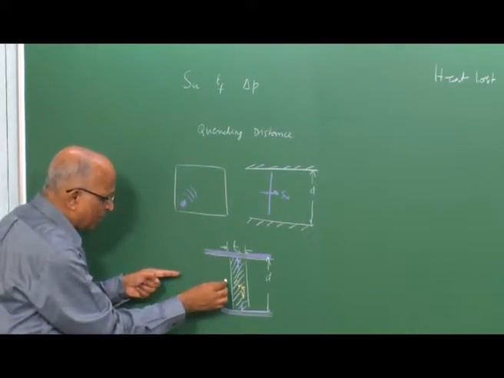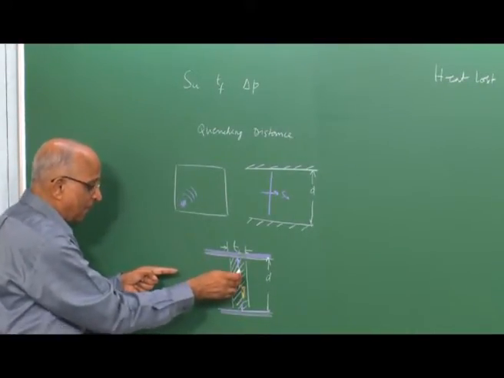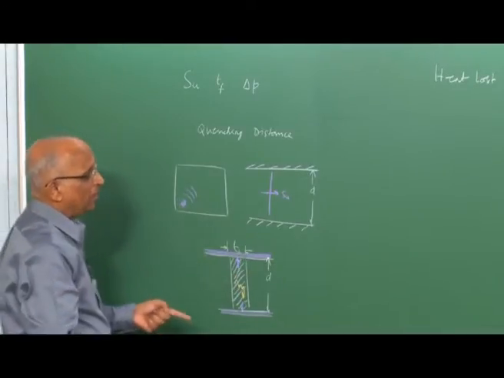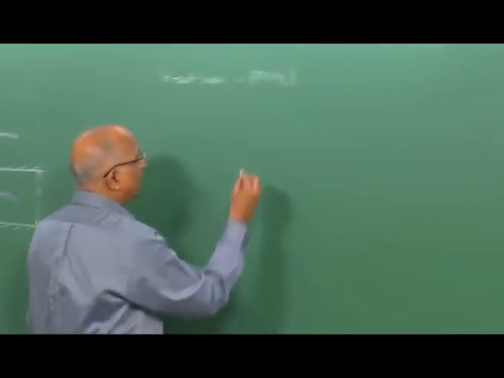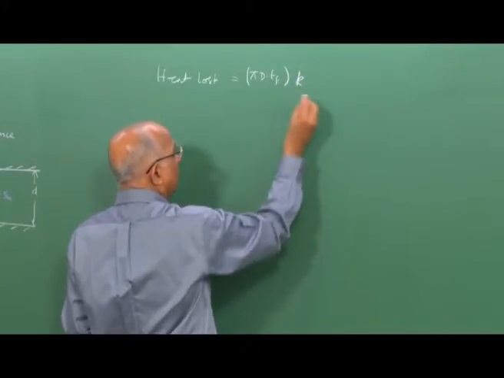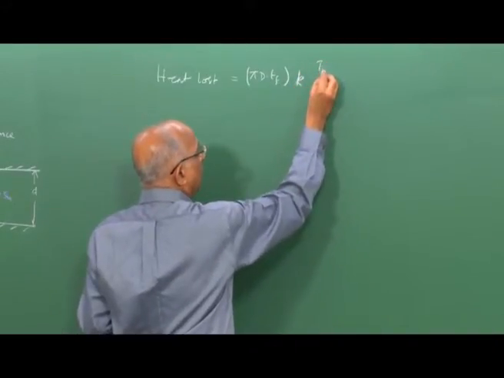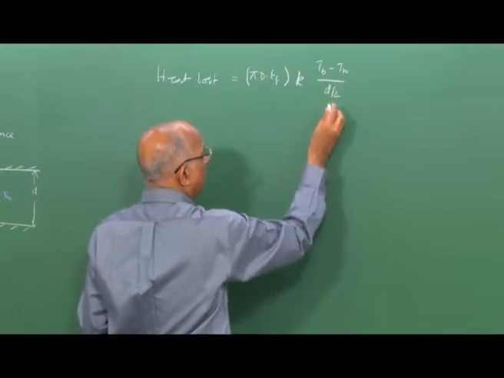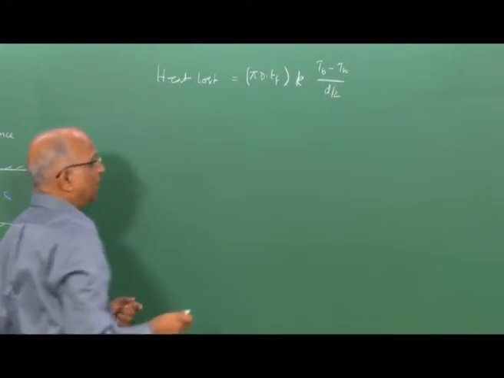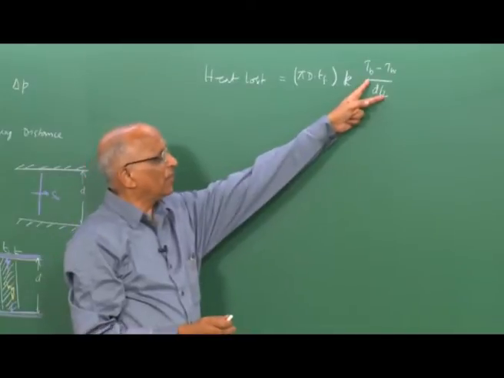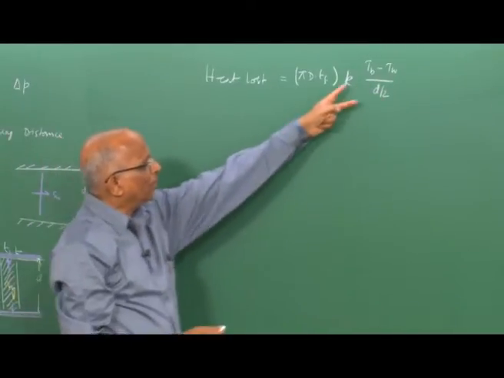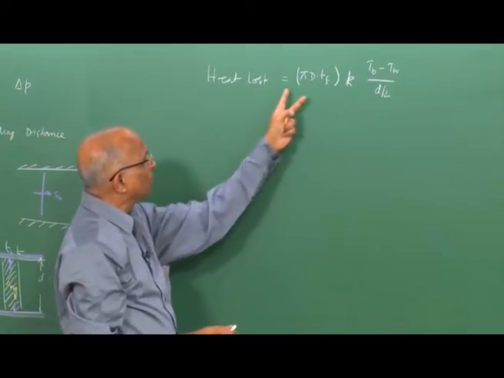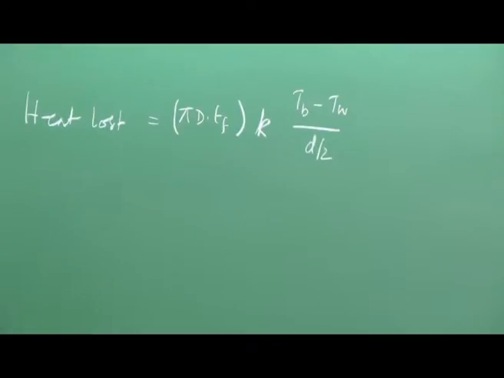Therefore, I say, well, the maximum temperature in the flame is the burnt gas temperature Tb, the wall is Tw, I assume a linear gradient. Therefore, I have the thermal conductivity into the burnt gas temperature minus the wall temperature divided by d by 2, which is the radius, and this is the gradient. I linearize it. After all, I am interested in the trends. Well, this is the heat lost from the flame to the wall.